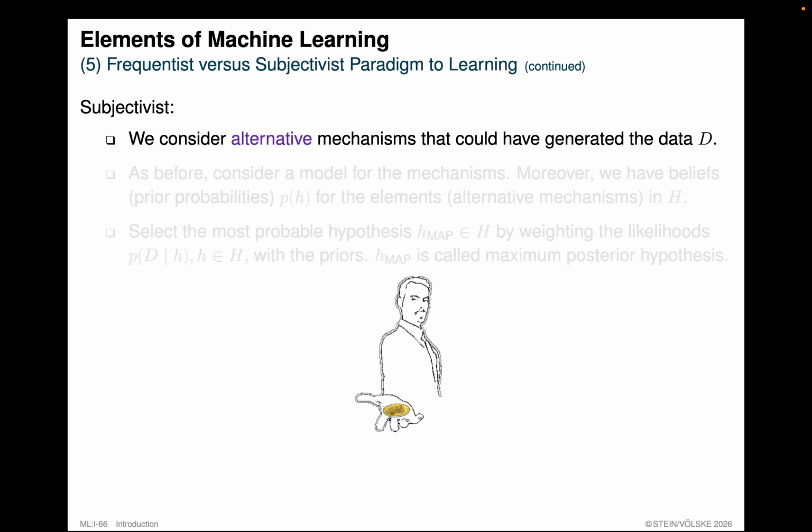By comparison, the subjectivist paradigm. Here, we do not say that there is one mechanism that could have created the data, but there are alternative mechanisms. For example, with the coin flip, there's the person having given you the coin. And there might be someone who gave you an unfair coin, just to mess with you, or to get money from you.